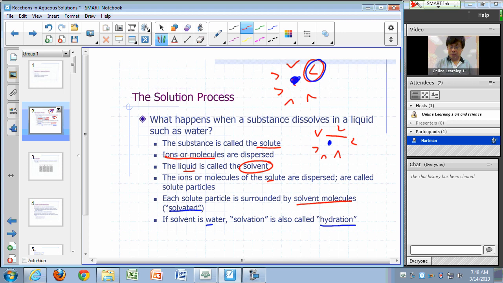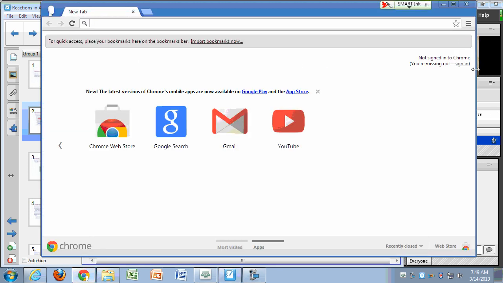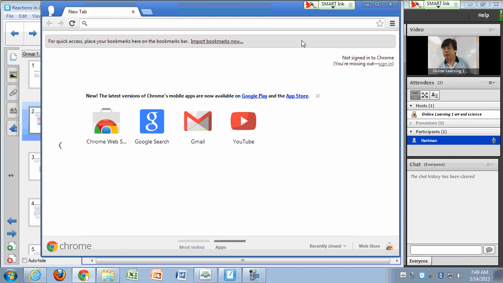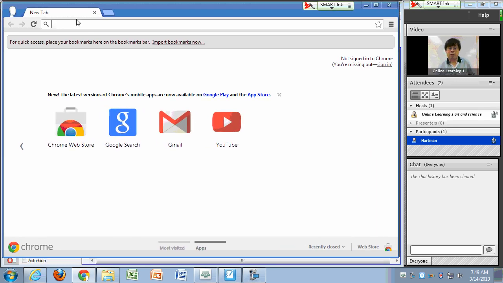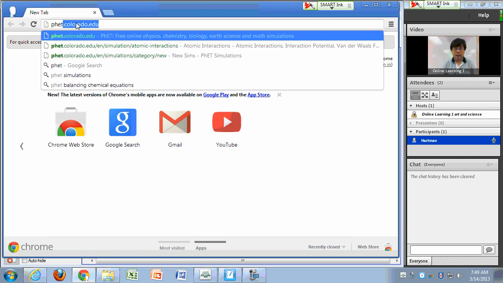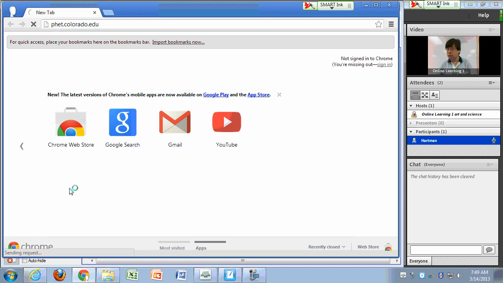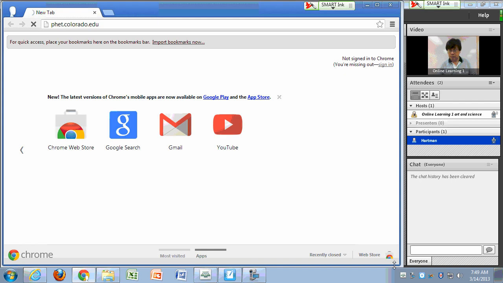Okay, so that's solvation. And let me see if I can get you some visualizations to help remind you of what's involved there. So if you go to phet.colorado.edu, it's taking a while to get there.